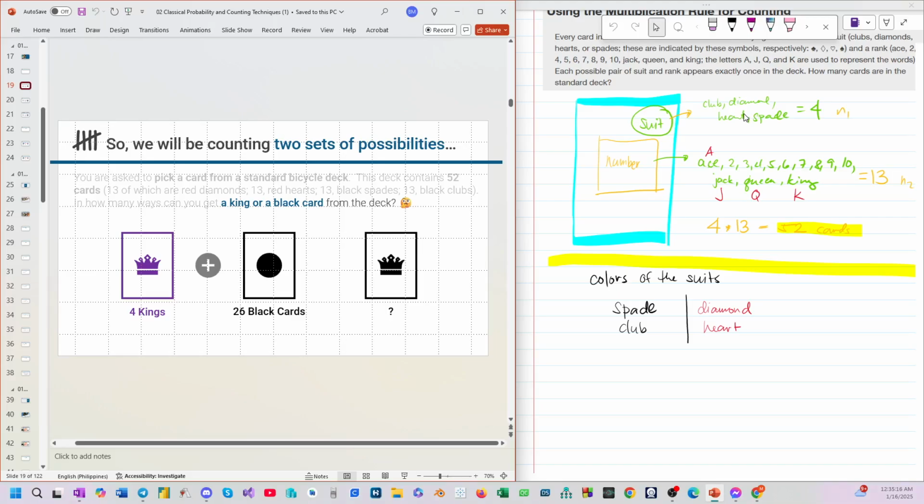Now what we are being asked is: in how many ways can we get a king or a black card if we're drawing one card from the deck?